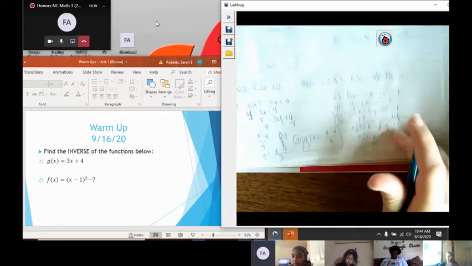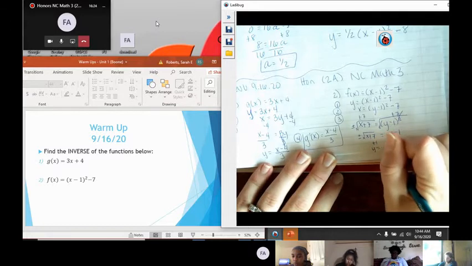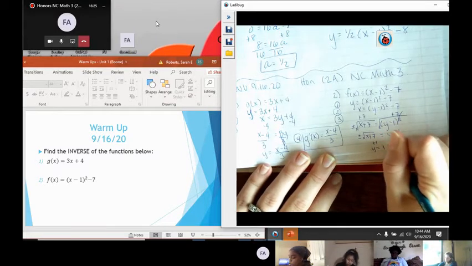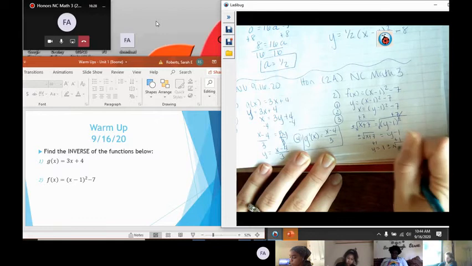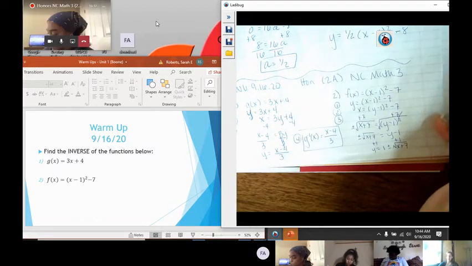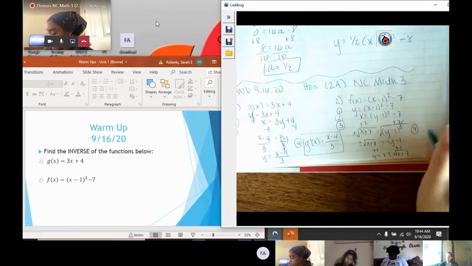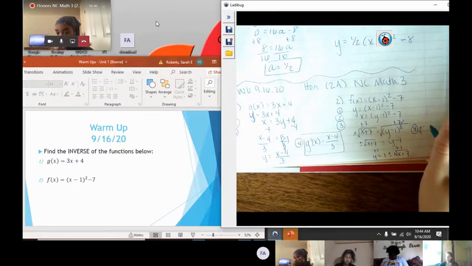So then my final product should be y equals 1 plus or minus the square root of x plus 7. And I'm just going to tell you guys for step 4, we're replacing y with f inverse of x equals the same thing we just got.